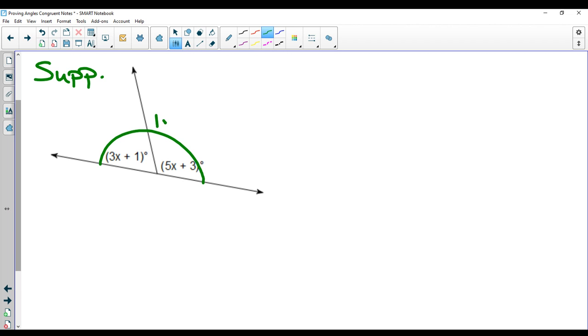That means both these angles together equal 180 degrees. Okay, that means they're supplementary. So all we did was take 3x plus 1 and add it with 5x plus 3. Set it equal to 180 degrees and solve.